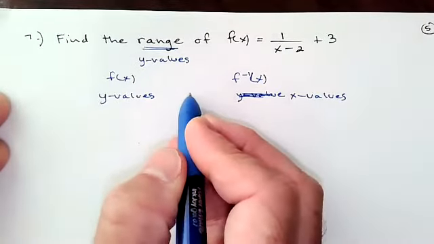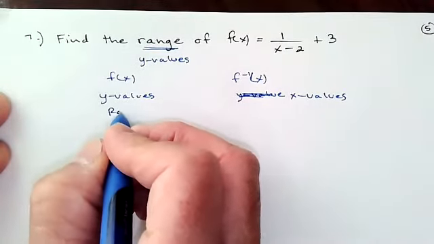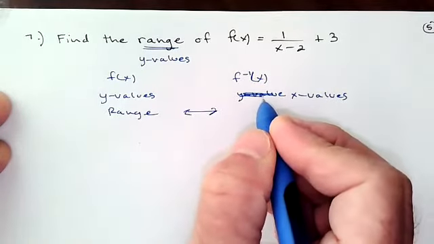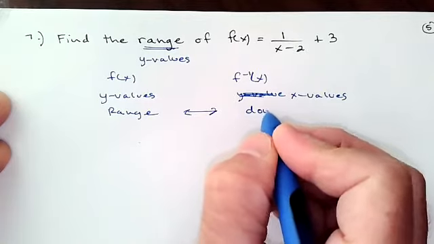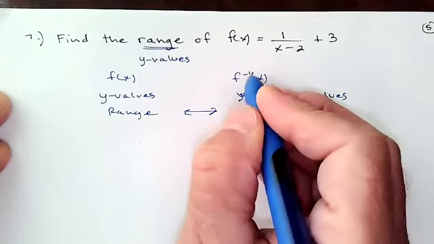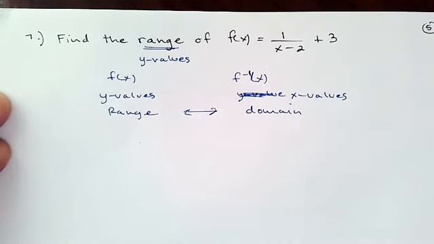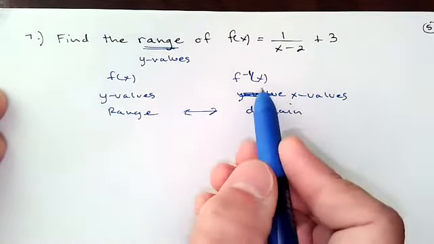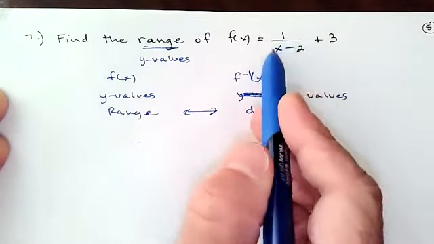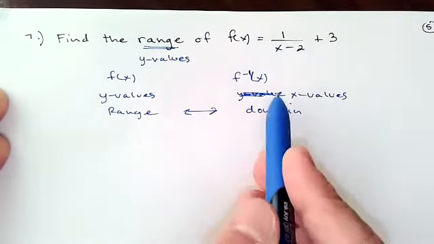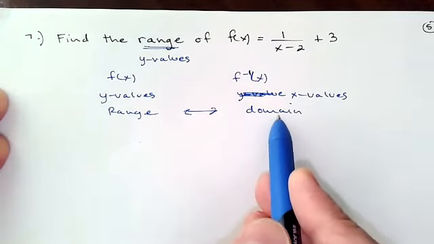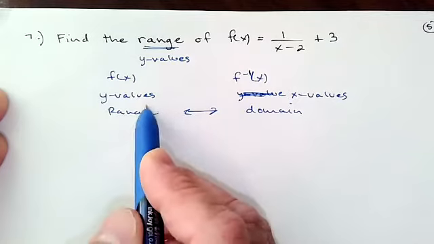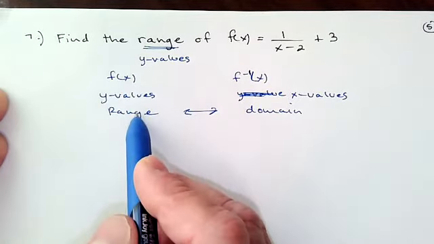These would be the same. In other words, the range of f of x will be basically the same as the domain of f inverse of x. Okay, and I'll tell you why I say basically the same here in a second. So the strategy would be, if I find the inverse of this function, I could think about the domain of that, and I would know that those x values would correspond to the y values of f of x.